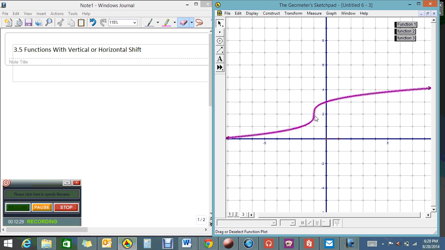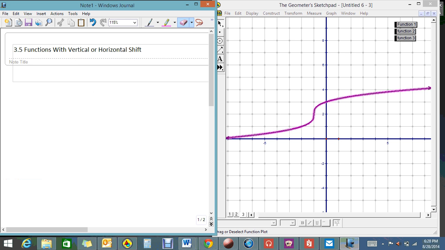So if we were going to write that equation, the cube root, and I want to shift it to -1, so that would be a +1, and then I want to shift it up, so that would be up 2.